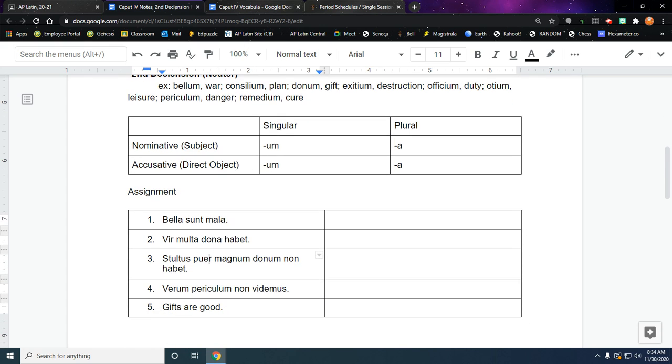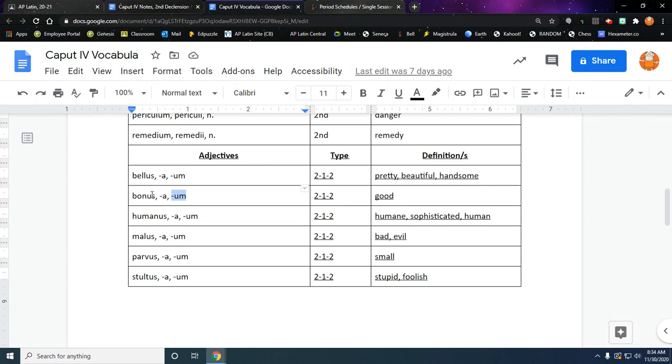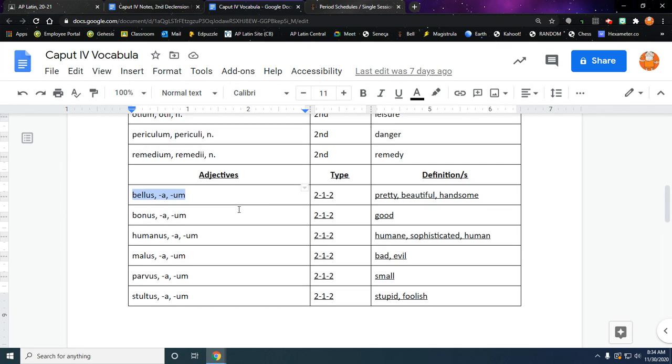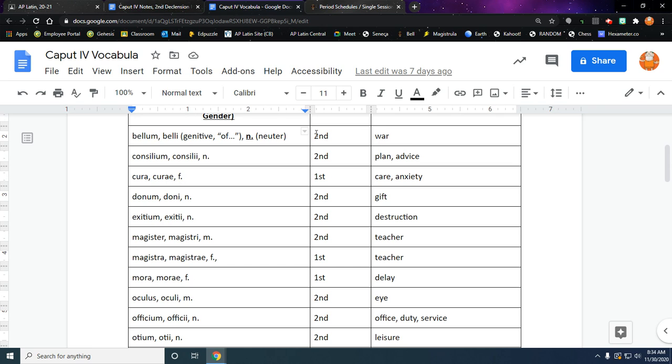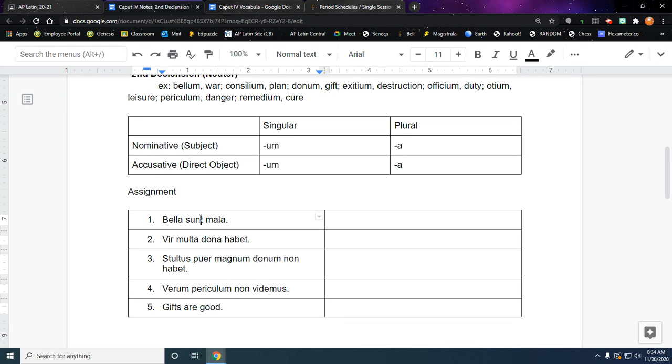All right, so take a look at number one, Bella sunt mala. This came up before, and you might be asking yourself, am I dealing with the word for pretty, beautiful, or handsome? Or am I dealing with the word for war? And you actually know, because sunt is from the verb to be, which we covered in the last assignment, and it means they are.